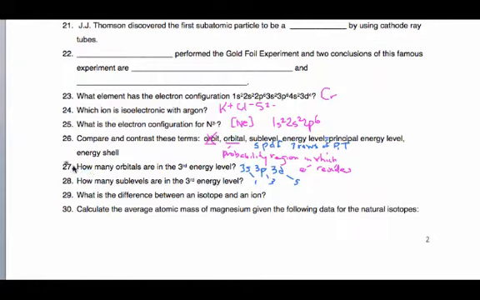So the answer to this is you would have 9 orbitals. Every orbital can hold 2 electrons, so that would be a total of 18 electrons at maximum capacity of the third energy level. How many sublevels? Okay, this is SPDF. How many sublevels are in the third energy level? There are 3. You have S, P, and D.